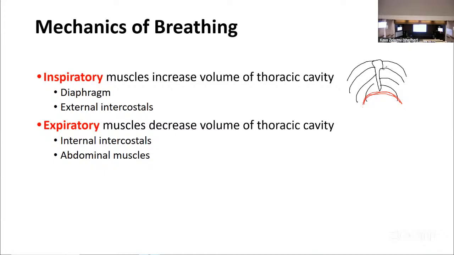But we also have our internal intercostals. Those fibers run the opposite direction. So if you want to forcefully breathe out, you can use those to snap your ribs tighter and smaller, right? That can force air out. And you can also use your abdominal muscles, right? So maybe we remember from when we were talking about the cardiovascular system, right? That venous return to the heart could be driven by our respiratory pump by varying pressure in the abdomen versus pressure in the thorax.